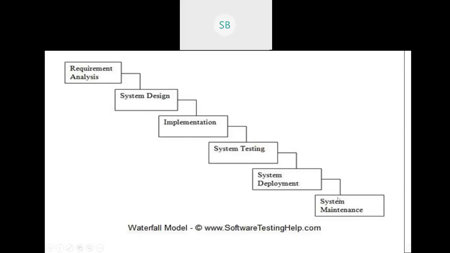In the waterfall model, after the requirement analysis phase is over, only then can we go for system design. After designing is completely over, then only we can go for coding, that is the implementation. After coding is over, we go for system testing.